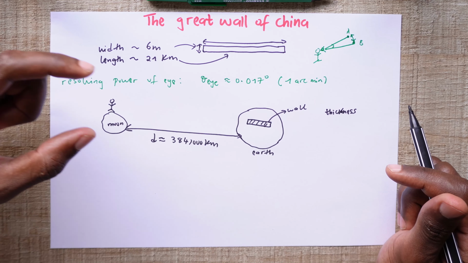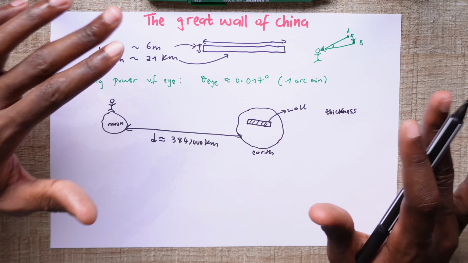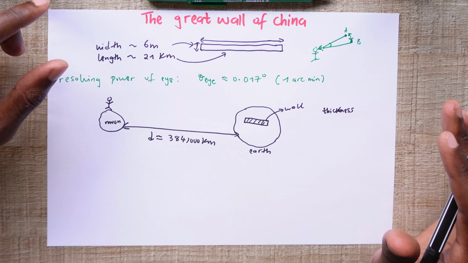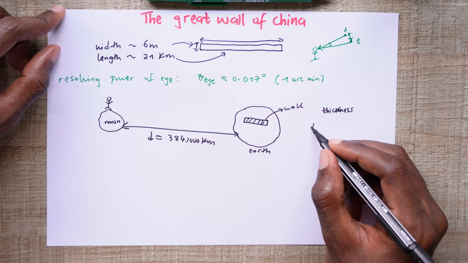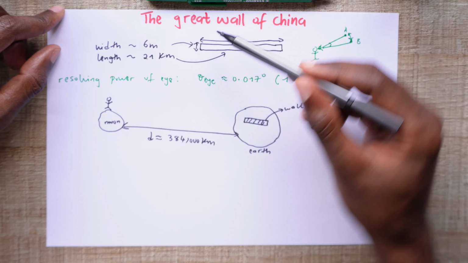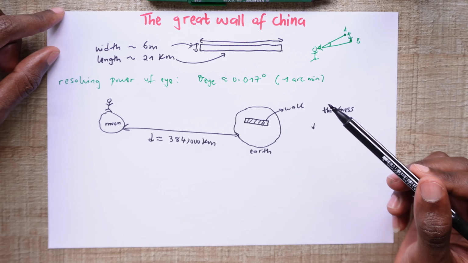If you can't see one of the dimensions, you can't see the other one. That's really the simple logic and the simple thing to grasp here. So in this case, our wall is rectangular, so we must be able to resolve each dimension of the object, else we won't be able to see the object.